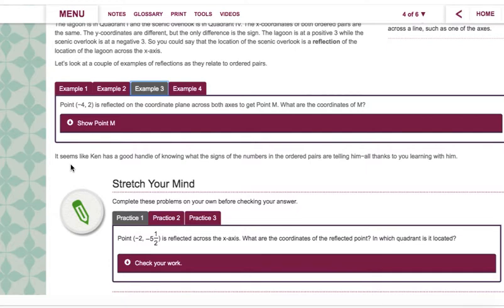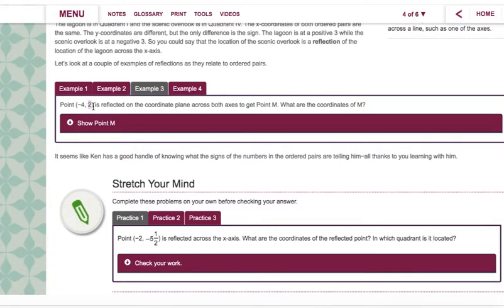For example, if I've got the ordered pair -4, +2, and I'm reflecting it across both axes, let's say we're going to jump across the x-axis first. That means I keep the -4, but then I have a -2. Now this time I want to reflect across the y-axis. So remember, my +2 turned into a -2.